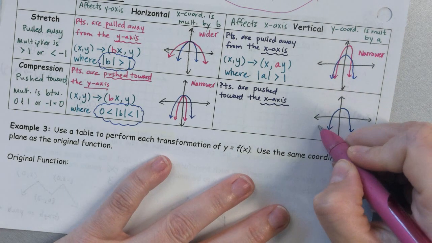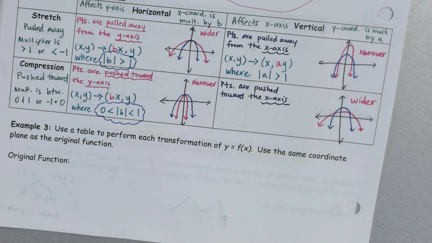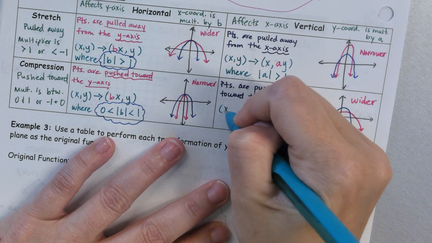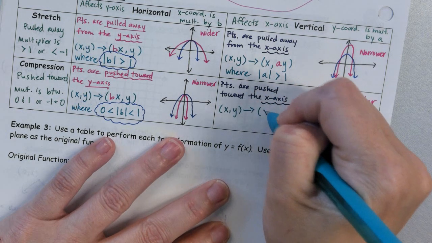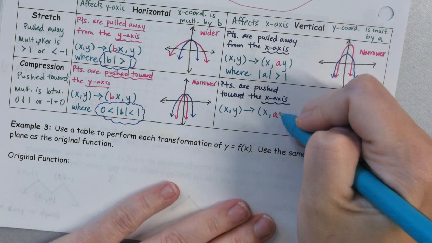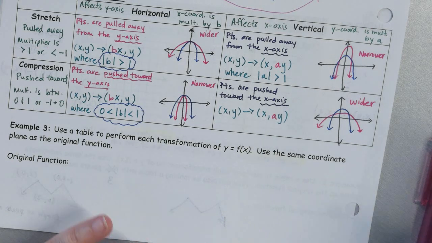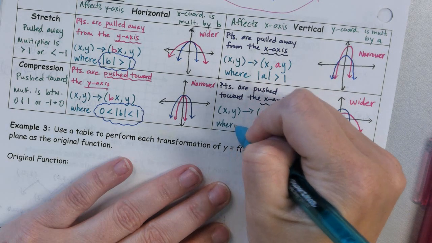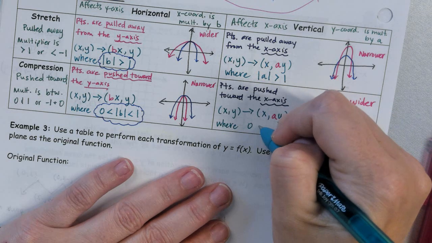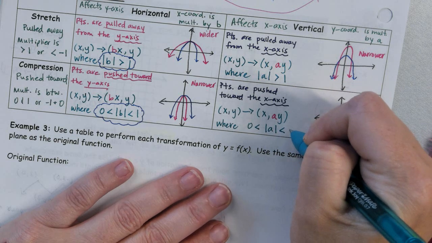If I'm pushing that down, this is going to get wider. And then just like last time, the rule stays the same. It's just the stipulation on your value of a that changes. So for vertical compression, anytime there's that compression, we have to be between 0 and 1. So 0 is less than the absolute value of a, which is less than 1.